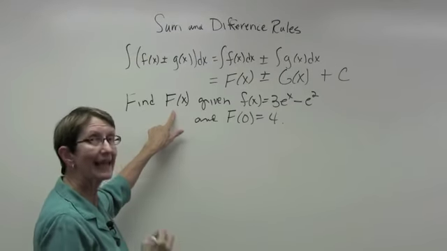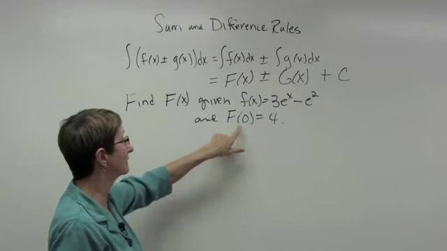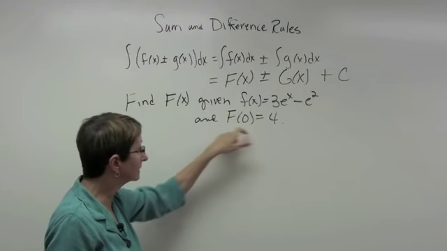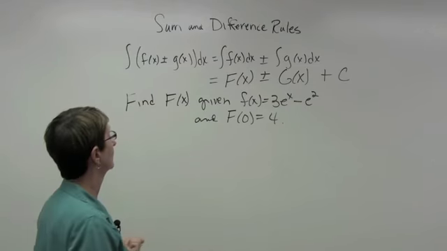So I want to find the antiderivative of this function, and then I want to find the specific antiderivative where if I plug in 0 in that function, I'll get 4. This tells me I need to solve for plus c. I need to know what c is equal to.